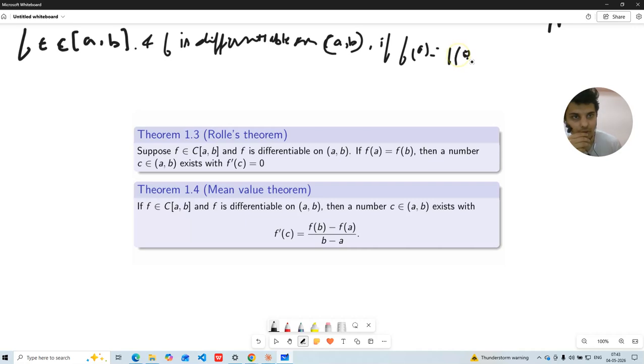If f(a) equals f(b), then a number c exists between a and b.